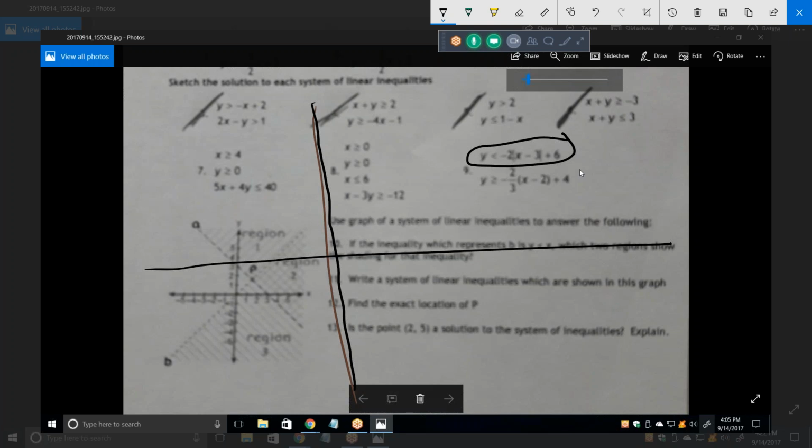Like a V. If I said to you y equals absolute value of x, it looks like a V, right? Yeah. Okay. Well, this is the absolute value function that's got 3 transformations. It's got a reflection, the minus sign in front of the 2. The 2 is a vertical stretch factor. The 3 is what?